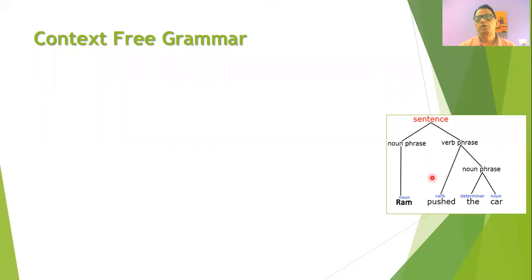Say for example, when we write the sentence in English, Ram purchased the car, then Ram is the noun phrase and purchased the car is the verb phrase. So every sentence in the English language will consist of a noun phrase and a verb phrase. And these rules are to be followed whenever we write a sentence in English.